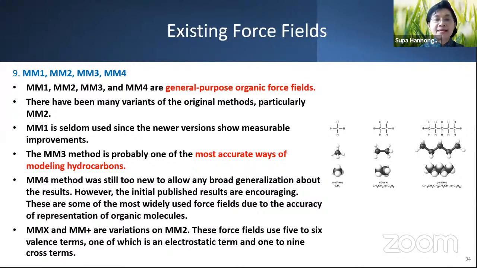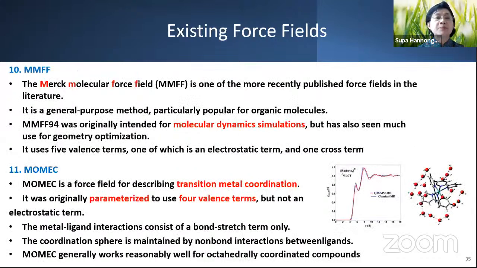There are so many terms to be included. That's nice. So for organic molecules, you can see very simple carbon, nitrogen, oxygen structures like this. Not much complicated. Therefore, MM3 is quite accurate and acceptable in prediction.